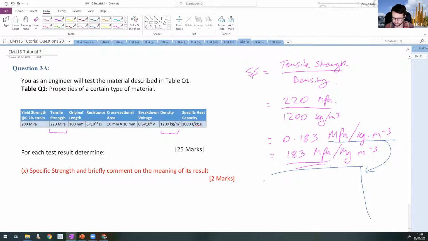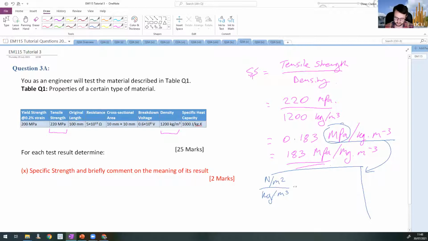So the base units for the stress here are newtons per meter squared. And that's divided here by kilograms per meter cubed.